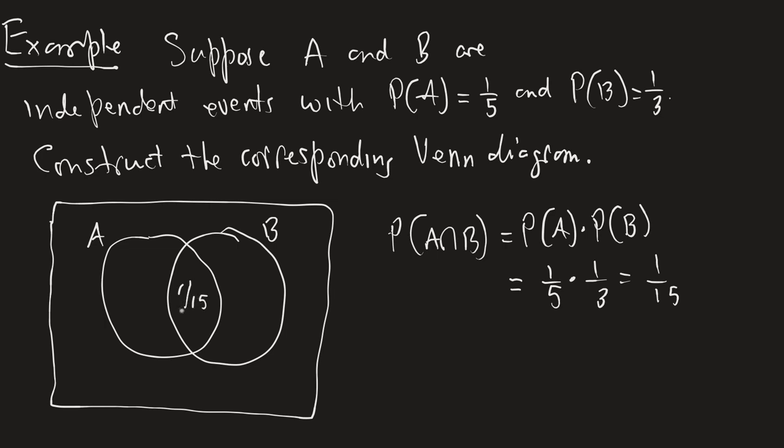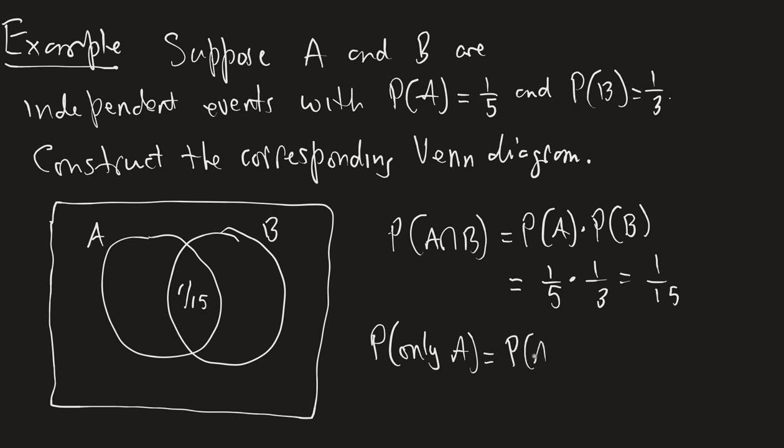And then once I have that, I use our previous procedures to complete the rest of the Venn diagram. So to figure out the part that's only A, let me write it out in words so you can see it. The probability of only A is the probability of all of A minus the probability of the intersection of A and B. So I'll write it like this.